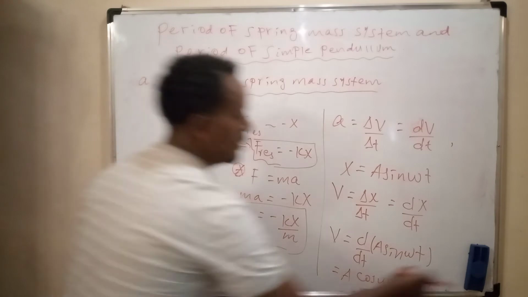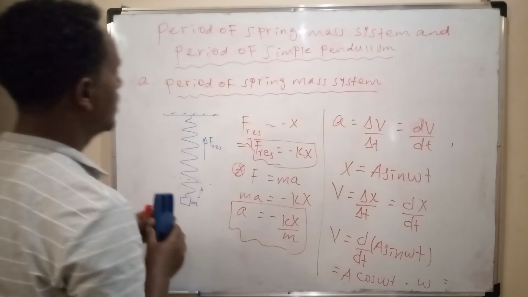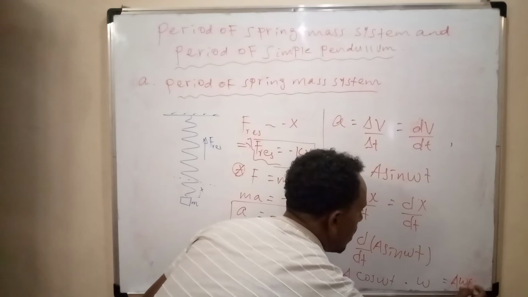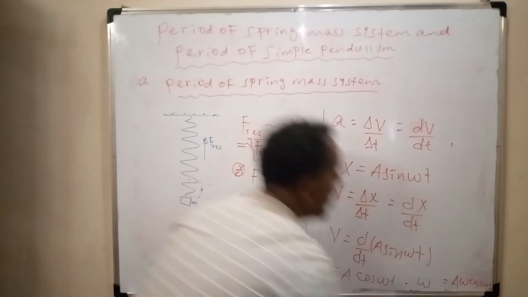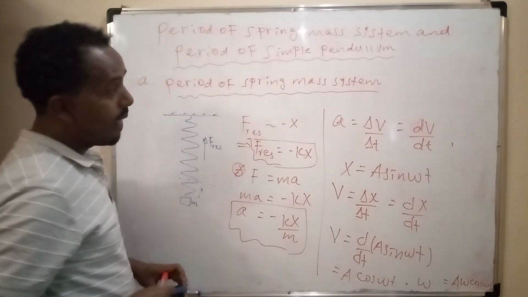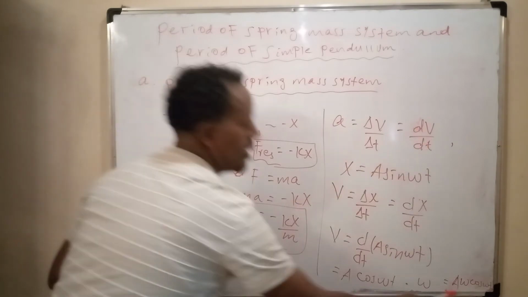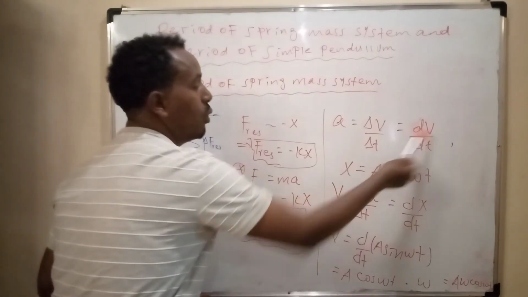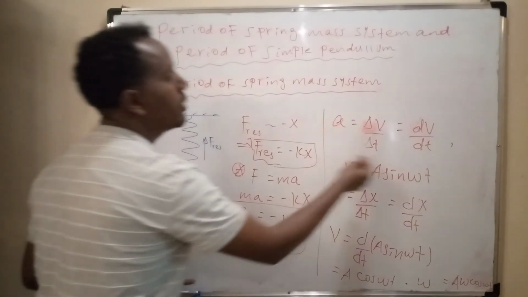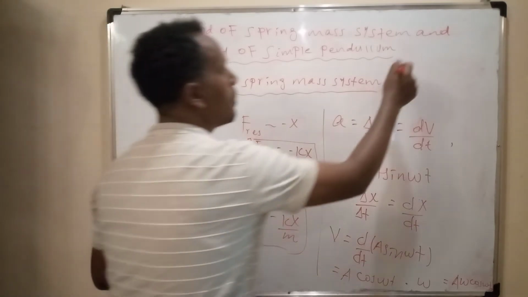Therefore, velocity is equal to A omega cos omega t. Here, acceleration is the derivative of velocity with respect to time. Substitute this expression instead of velocity and differentiate to get the mathematical expression for acceleration in simple harmonic motion.